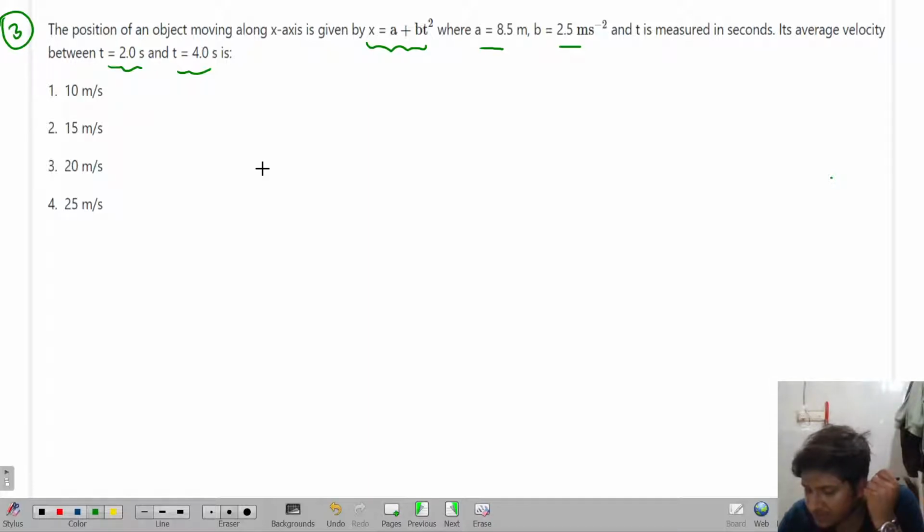Option B. Option D. Okay, B. B. Okay, 15 meter per second. Check it once.